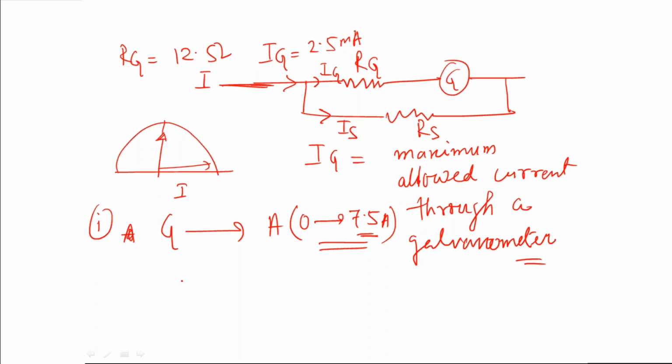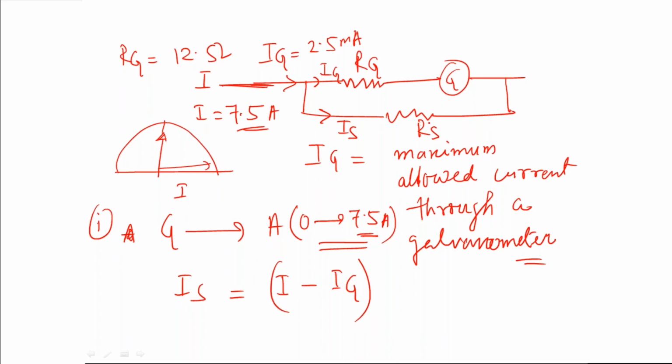So Is is equal to I minus Ig. Here I is the maximum range of the ammeter. Now I hope you will be able to find out RS.